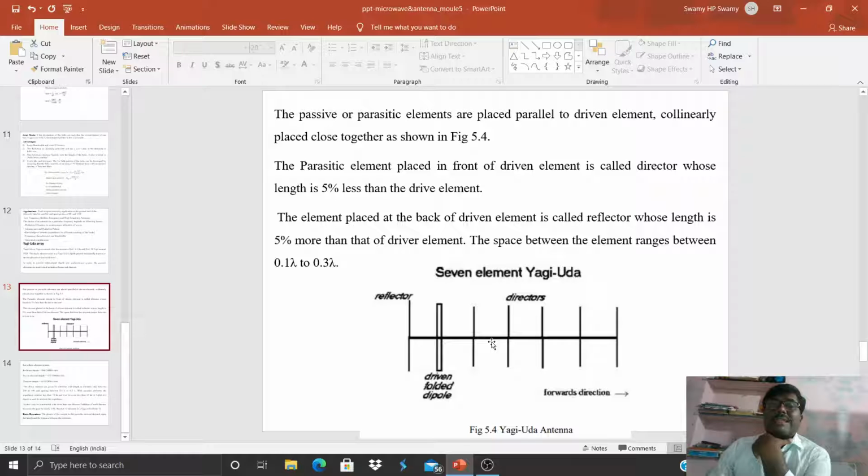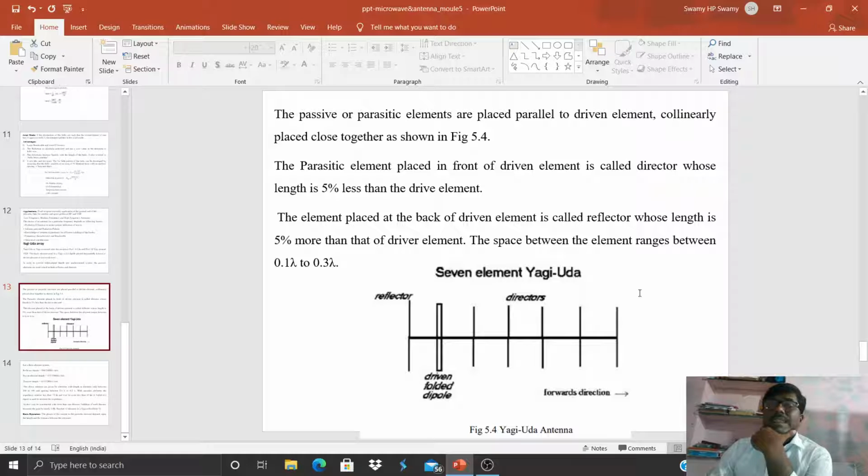The director length is 5% less than that of the driven element. The element placed at the back of the driven element is called the reflector. The reflector length is greater than the driven element by 5%.